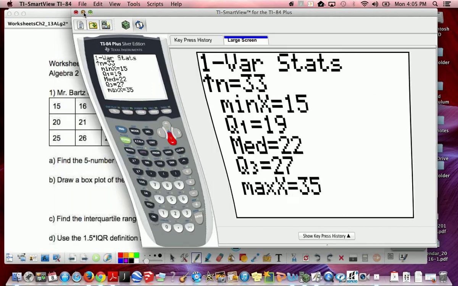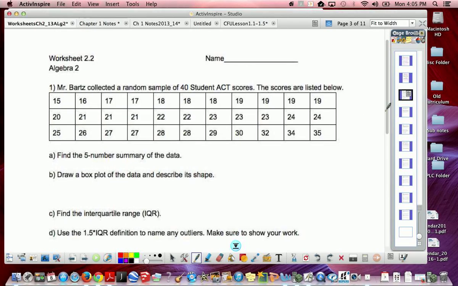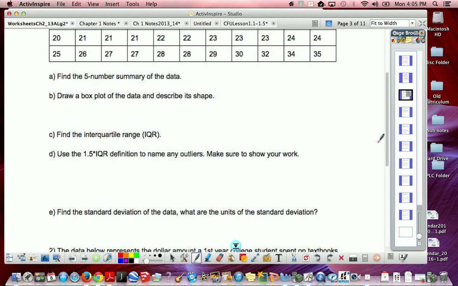So I'm going to take a minute and note those down here and then draw the box and whisker plot. So my min was 15, my Q1 was 19, my median was 22, my Q3 was 27, and my max was 35.